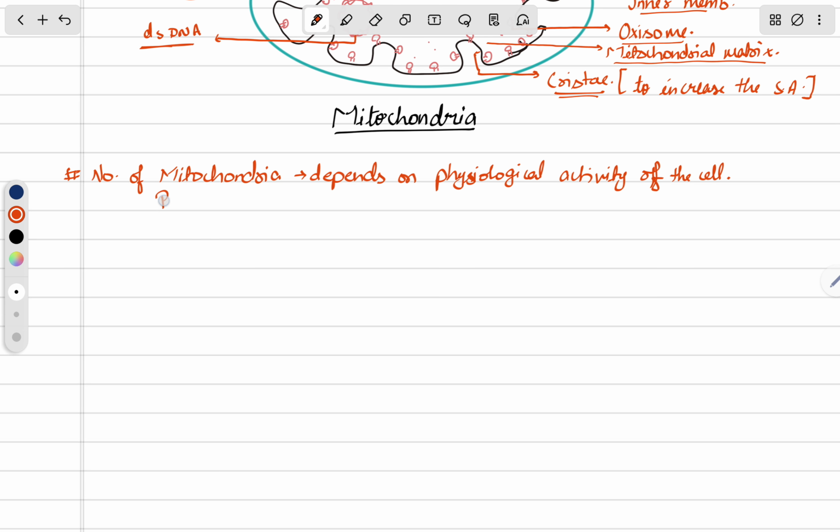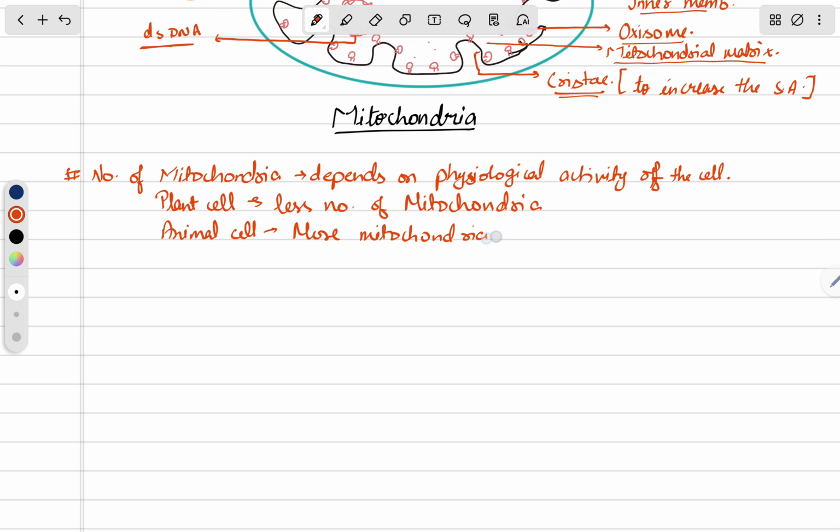So it depends on the physiological activity of the cell. If we compare plant cell and animal cell, then the plant cell has fewer mitochondria and the animal cell has more mitochondria. Shape of mitochondria: the shape is either cylindrical or sausage shaped.